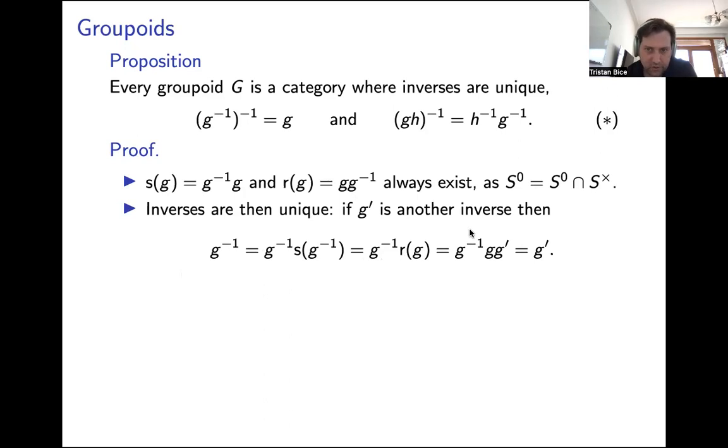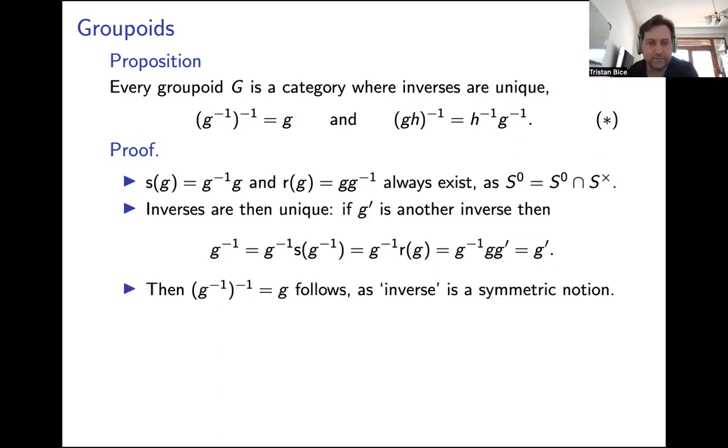But we're assuming that G prime is also an inverse, so it doesn't matter if we write G G prime instead of G G inverse here. This is still the range of G. Then you notice that G inverse G is meant to be a unit, so when you multiply by G inverse, it should just leave it unchanged. It should be G inverse. So going back to the beginning, we've worked out that G inverse is actually the same as G prime. Inverses are indeed unique.